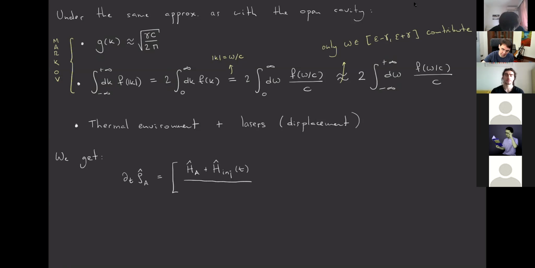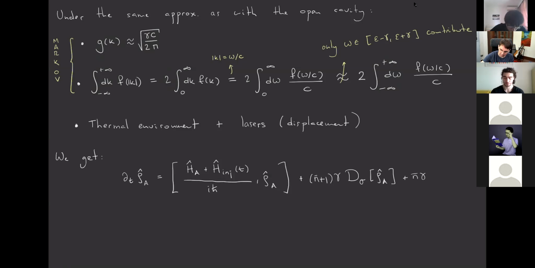This will come from the lasers. And then we have dissipative pieces. And what are these dissipative pieces? So again, Lindblad form. And now instead of the annihilation operator, we have the lowering operator of the atom, so the sigma operator, so the operator that brings you from the excited to the ground state.